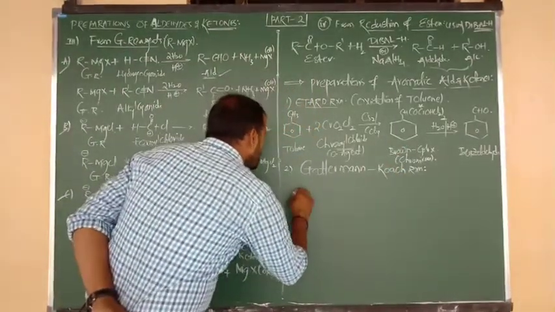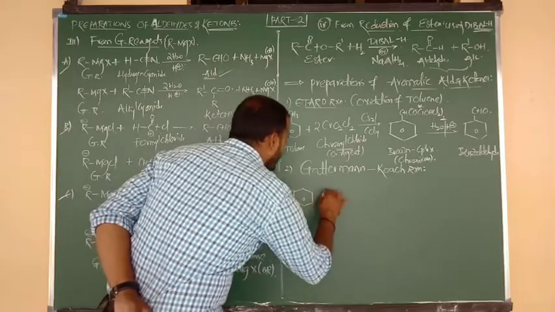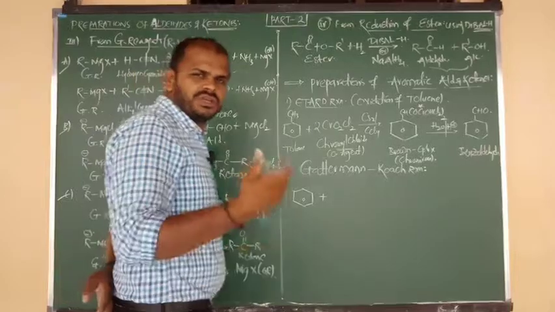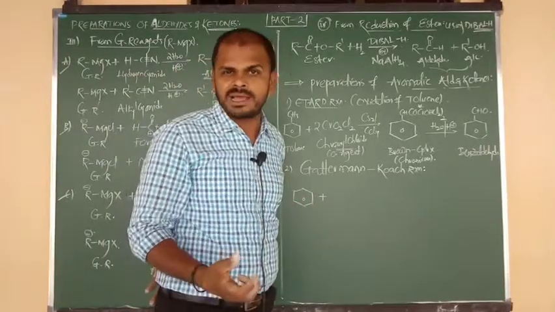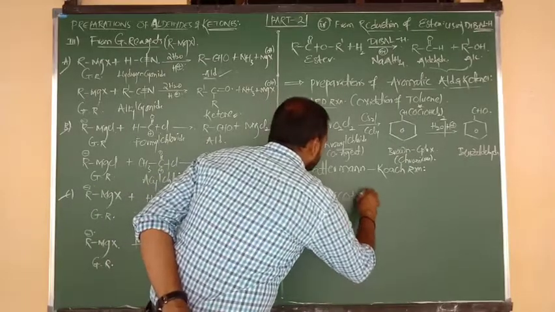Gattermann-Koch reaction. So first of all we consider a benzene ring. Okay. It reacts with a mixture of carbon monoxide plus hydrochloric acid, CO plus HCl.